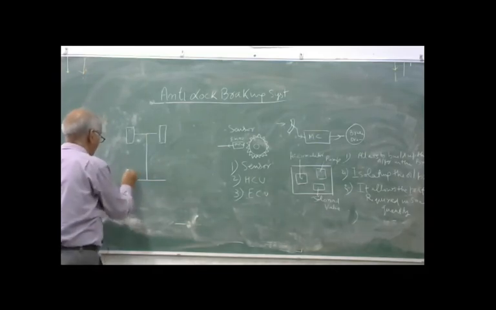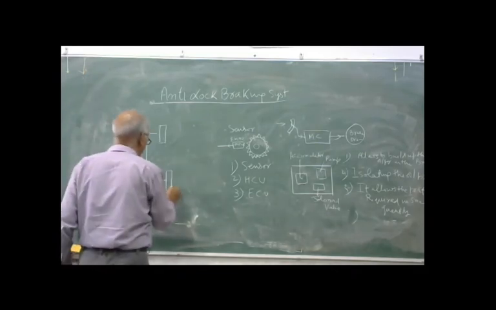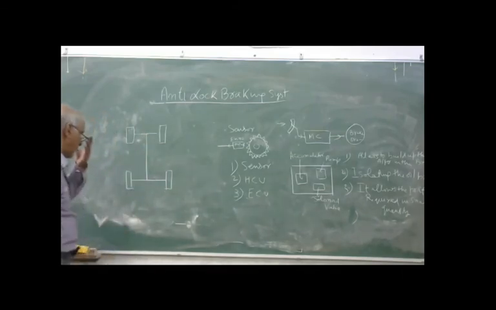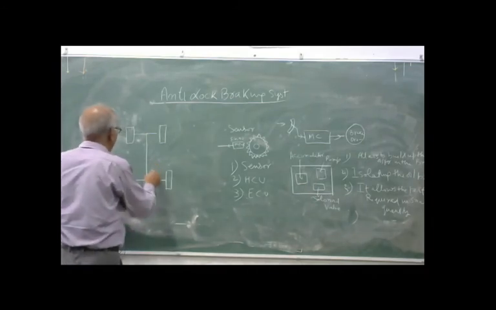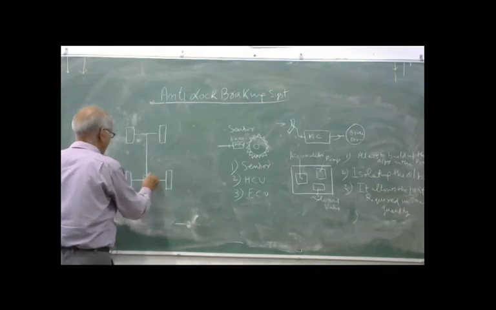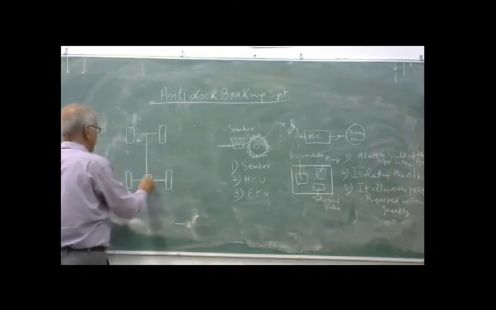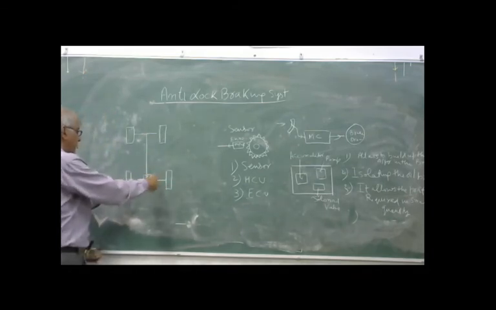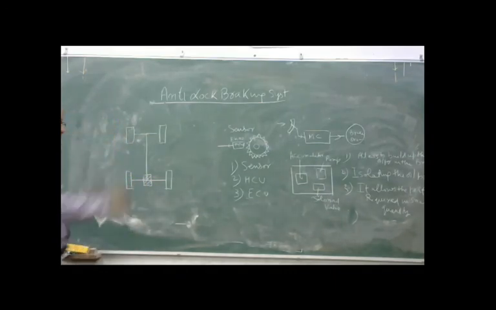So when the vehicle is moving straight, there is no problem at all. All four wheels are getting the power, maybe two wheels getting the power through the differential. If from the engine it is coming, it is transmitted to both wheels and it moves in a straight line.